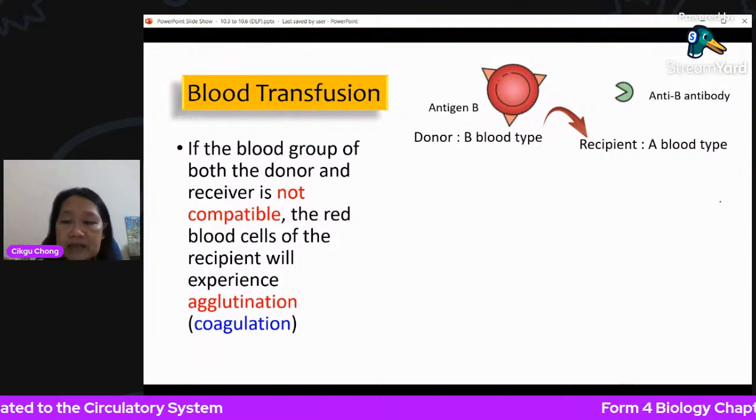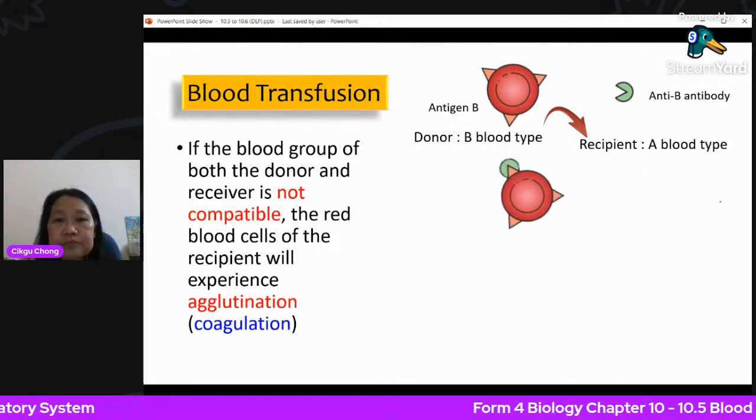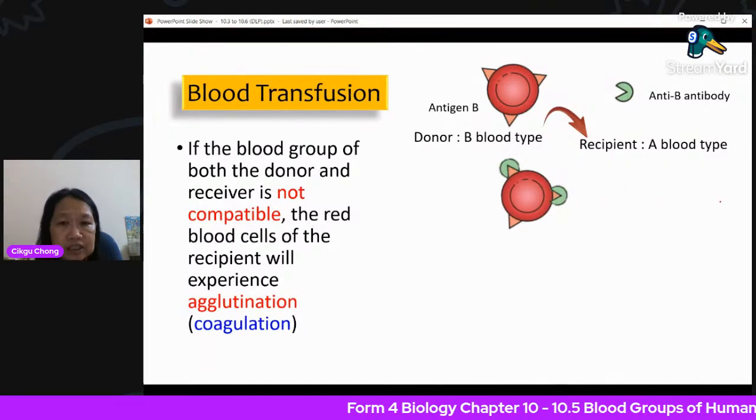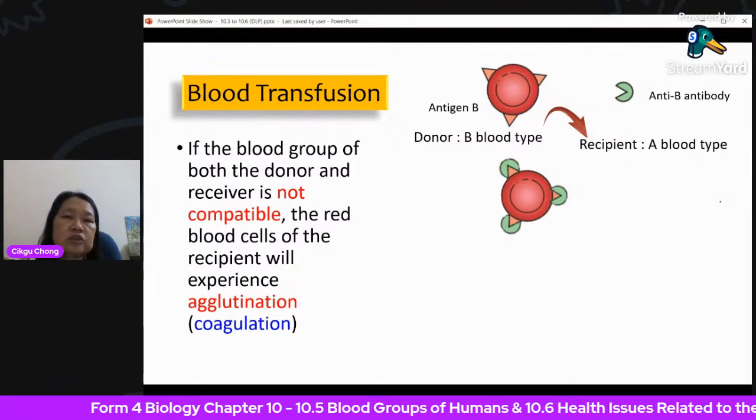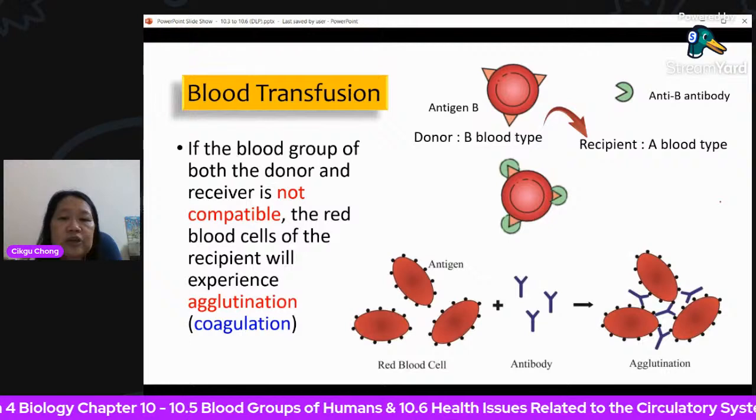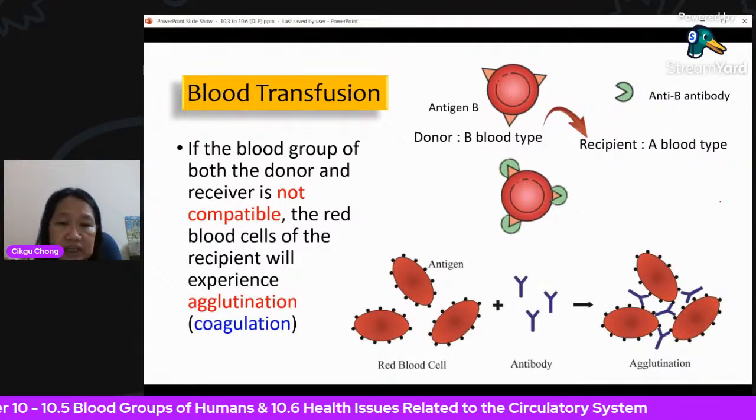It's going to bind onto the antigen, and that causes these red blood cells to all stick together, and you have what we call agglutination.